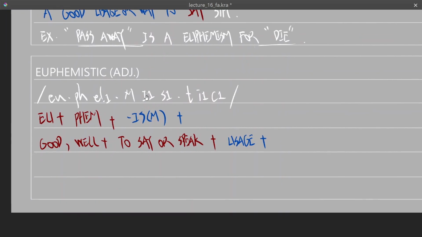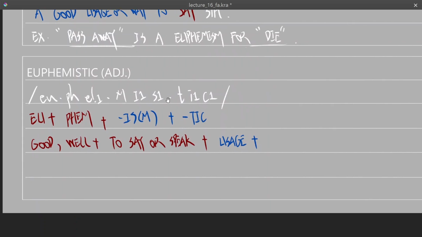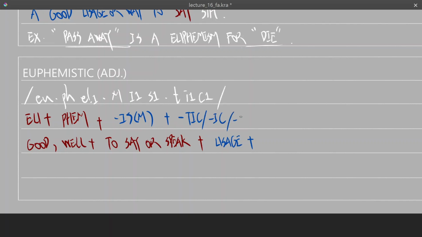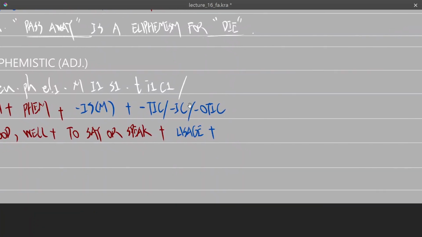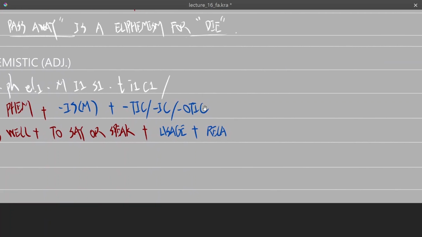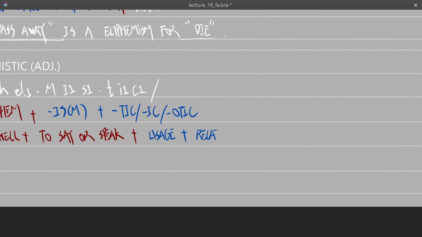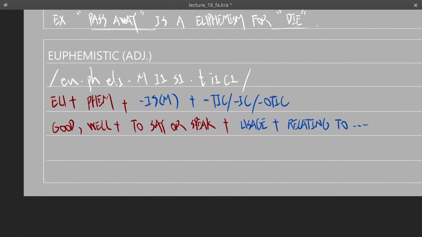And we have lastly the adjective suffix tic. Yes, some variants like ic or atic. So it means relating to something. It is a common adjective suffix. So euphemistic literally means what?